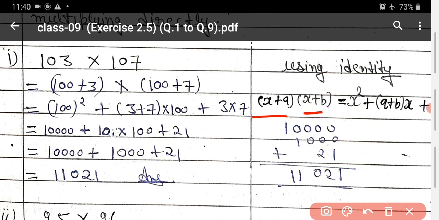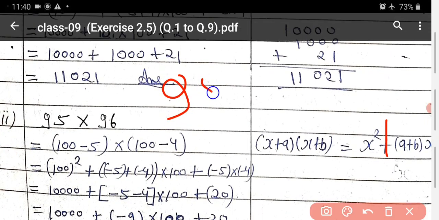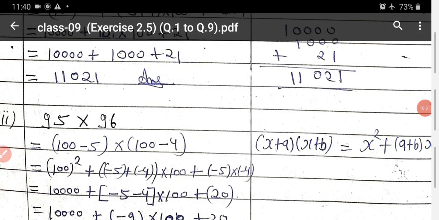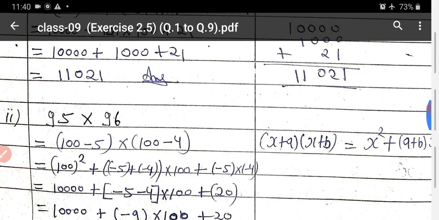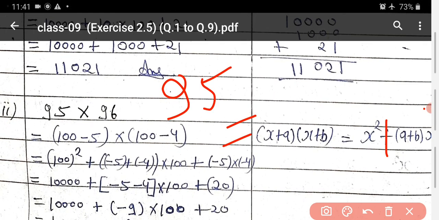Now one important thing I want to tell: if you come to the next part, it is 95. So 95 you can write either as 90 plus 5, or as 100 minus 5.